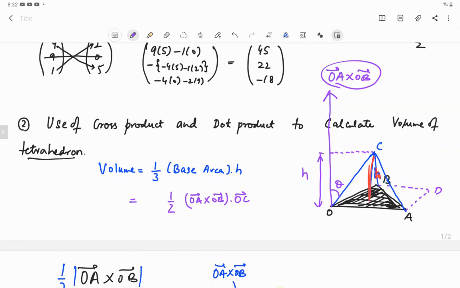And when we divide it by 2, we are actually multiplying the base area with the red height h. And when we further multiply it by 1 by 3, we calculate the volume of this tetrahedron.